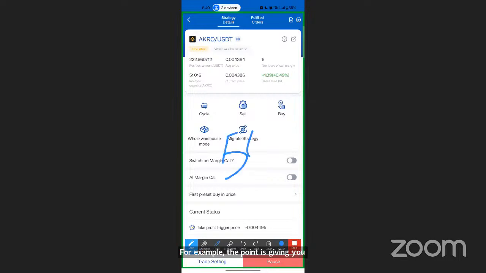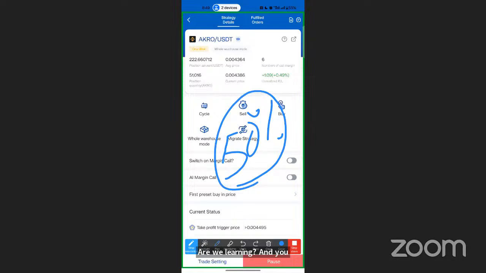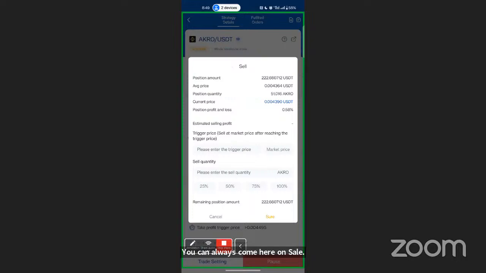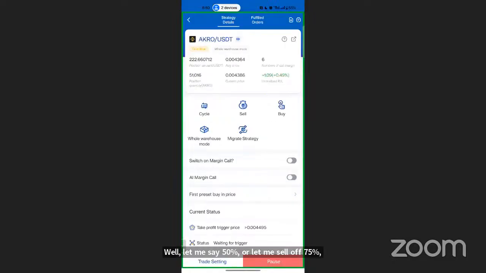Are we learning? And you say, okay, I want to still stay in this coin without selling all of it. You can always come here on sale, market price. Then you say, let me sell off 25%, or 50%, or 75%, because I don't want to lose this coin. I want to continue profiting with it. If you have learned something, give me a yes in the chat.